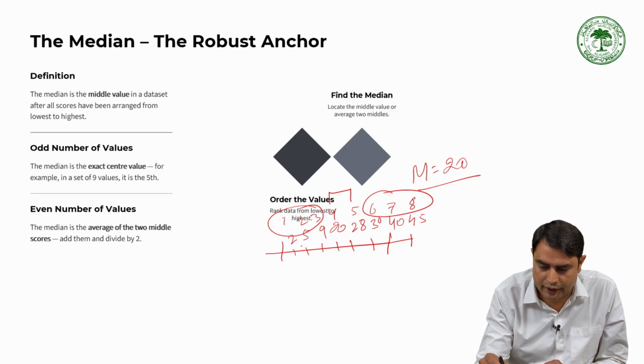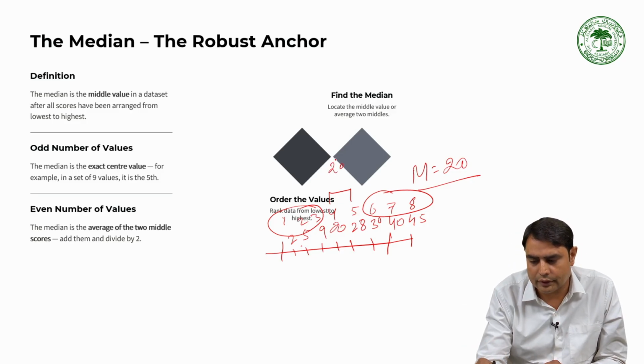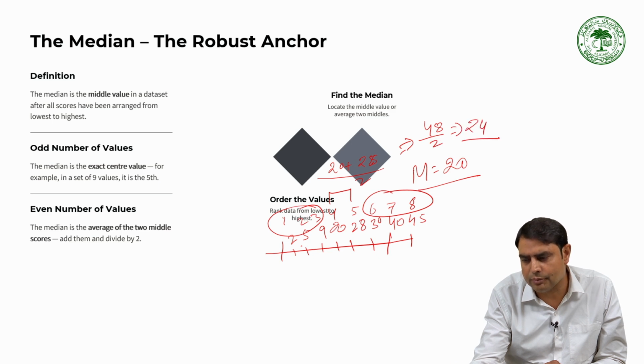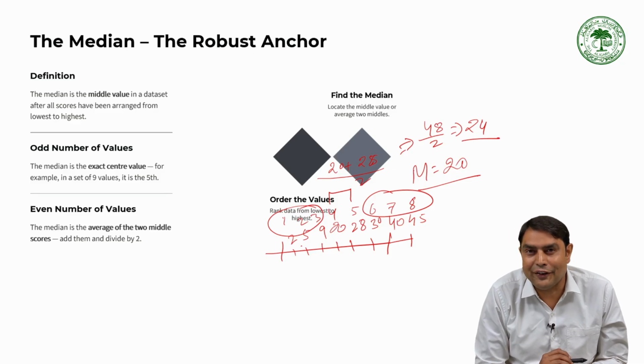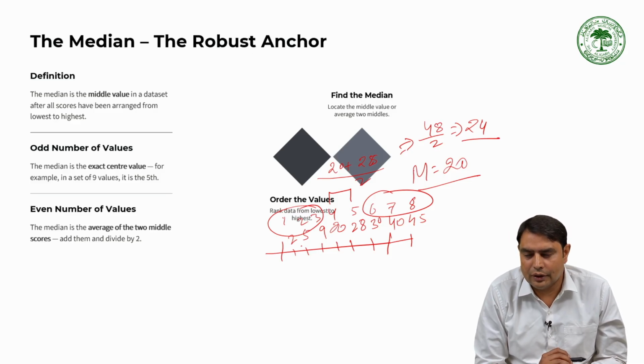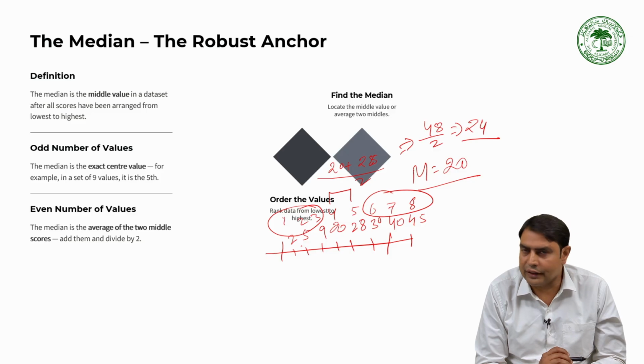For example, I will add 20 and 28, divided by 2, which is 48 by 2. So, 24 is my median, or I can say 4 plus 5, 4.5. In that way also we can take the middle position, but we are not having any value at 4.5, right.